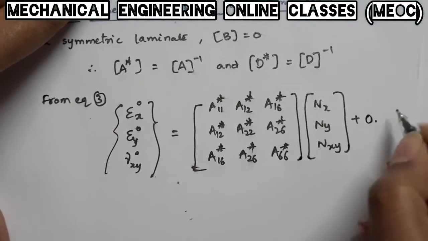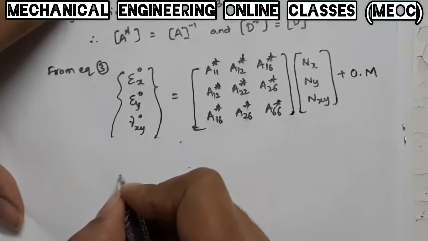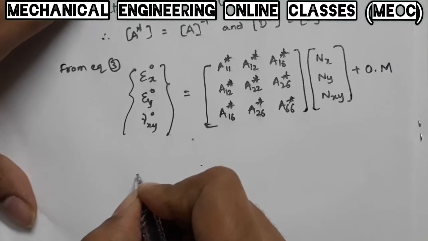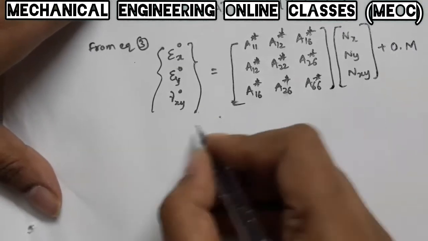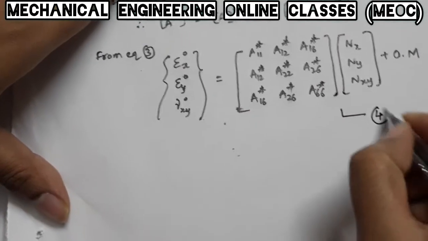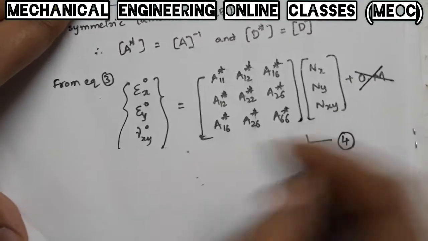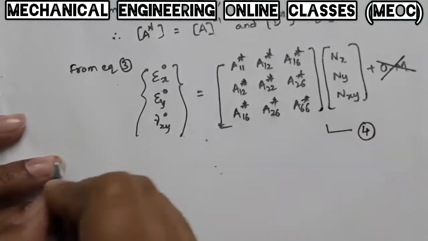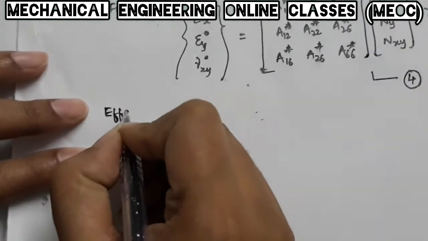So 0 into M. So this is a null matrix. Let me name this equation as 4. So this term is 0. This is equation 4.